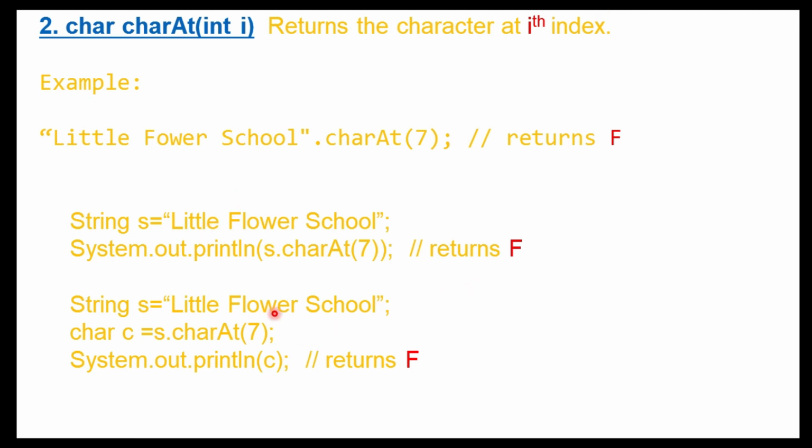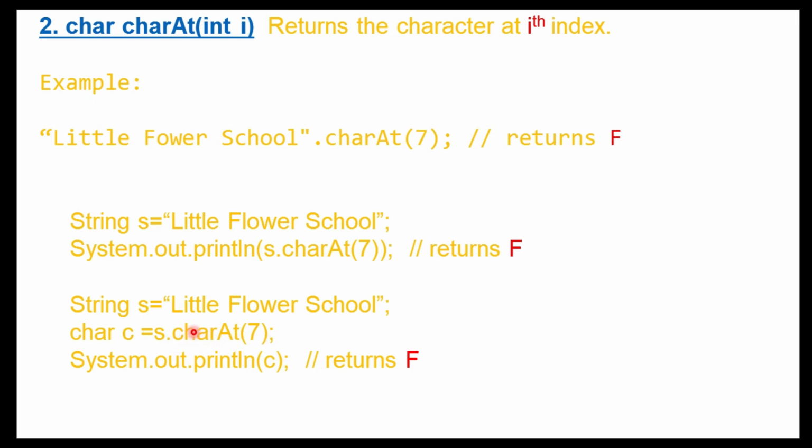Now the third method. I have declared the string, and I am storing this string in the S variable. Now the answer I am storing in a variable named C, which is of type char. Why char? Because the return type of this function is character type. So S means our string, S dot charAt(7).